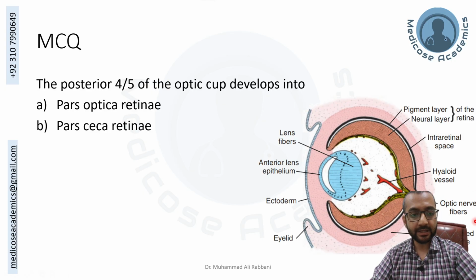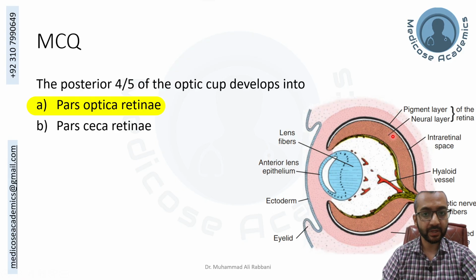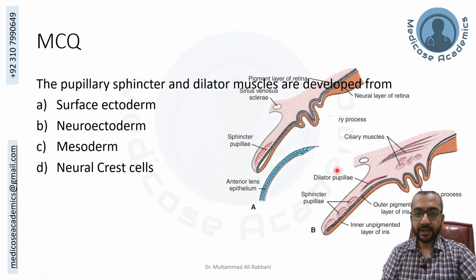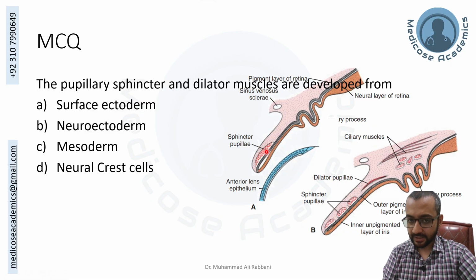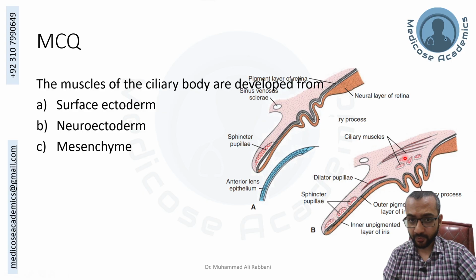So let us quickly revise. The posterior 4/5 of the optic cup develops into pars optica retinae. The pupillary sphincter and dilator muscles are developed from neuroectoderm. The muscles of the ciliary body are developed from the mesenchyme.